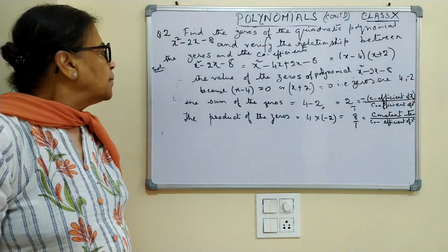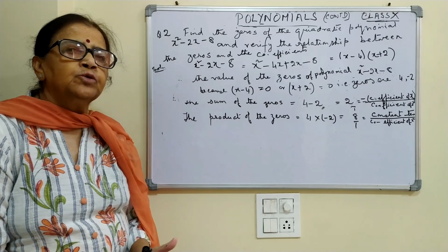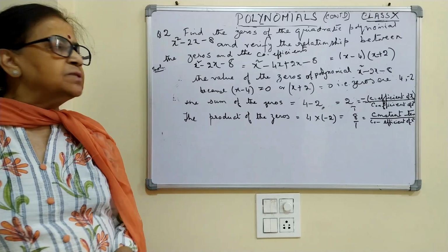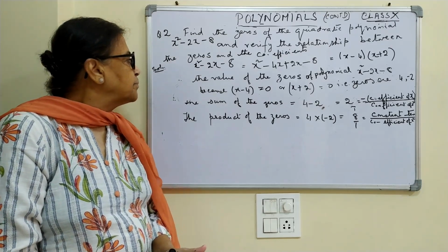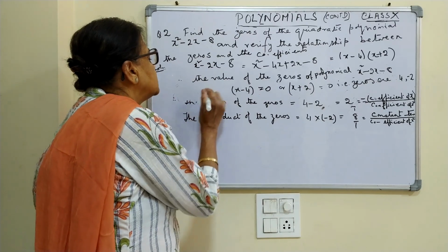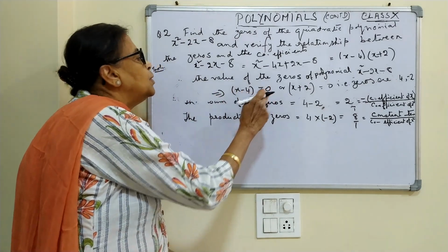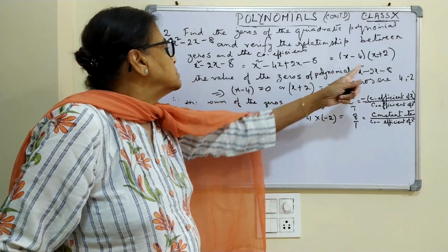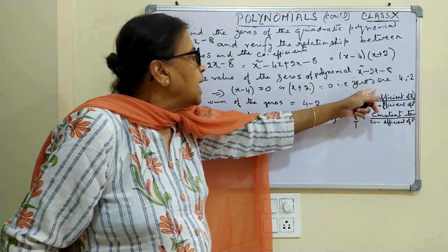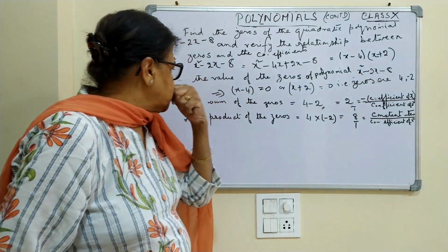So the zeros of the polynomial x square minus 2x minus 8: x minus 4 is equal to 0 and x plus 2 is equal to 0. Therefore the zeros are 4 and minus 2.